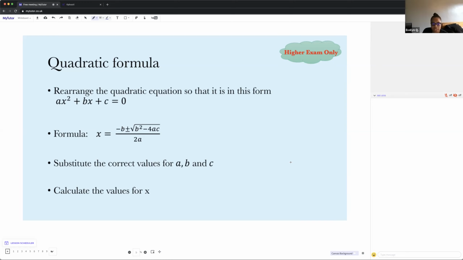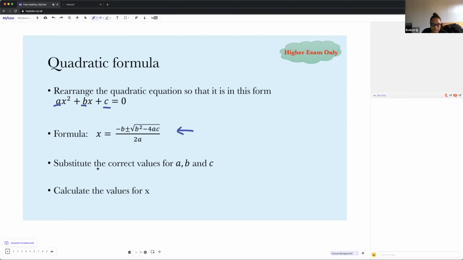Then once it's equal to 0, you can figure out what is the value of A, what is B, and what is C. Once you know what A, B, and C are, you substitute them into this formula over here. Minus B plus or minus the square root of B squared minus 4AC, everything divided by 2A. And then once you do that, you'll come up with two values.